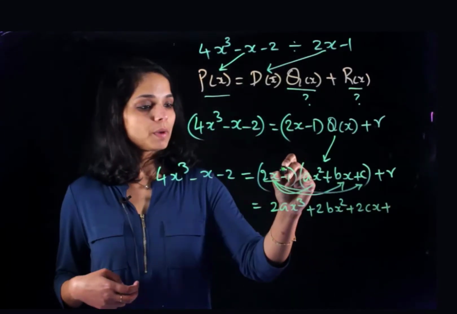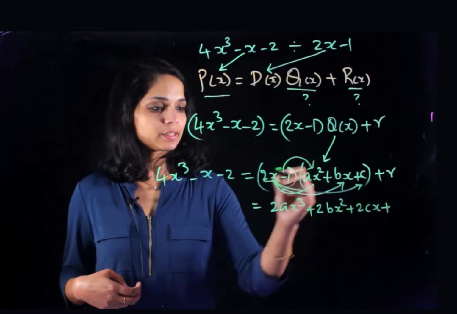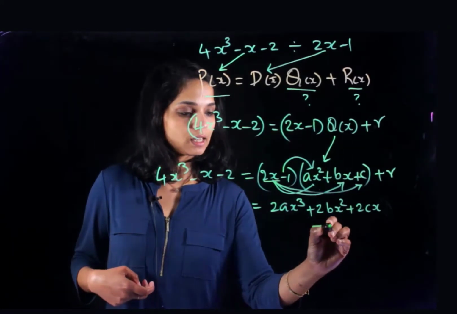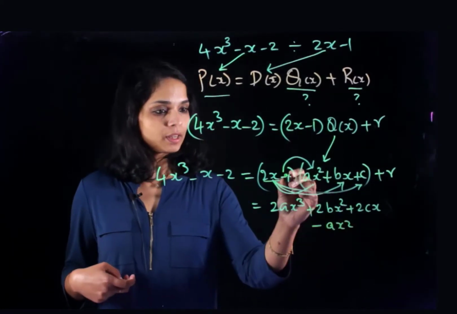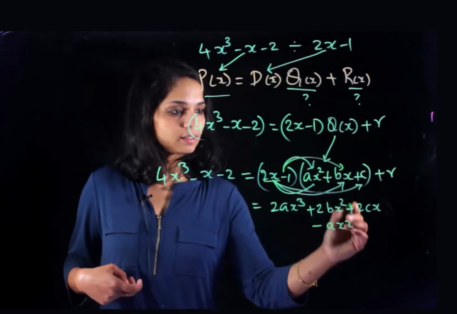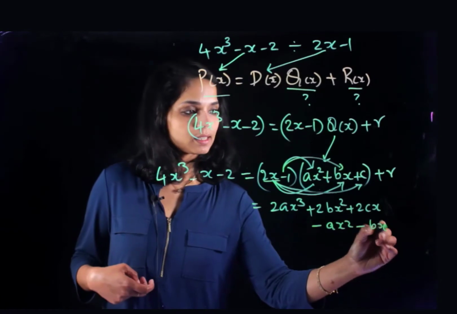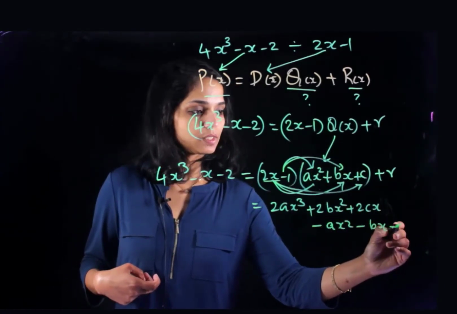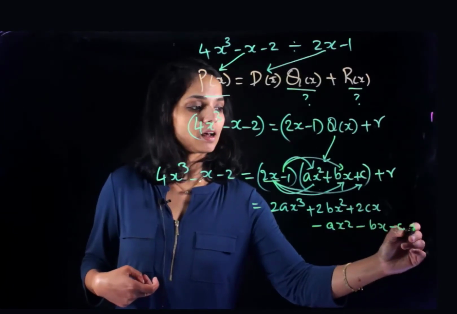Then minus 1 times ax squared, I'm just going to write down in the next line, is minus ax squared, and minus 1 times bx is minus bx, and minus 1 times c is minus c, and then there's a plus r.